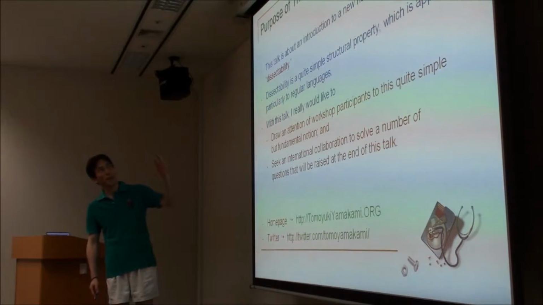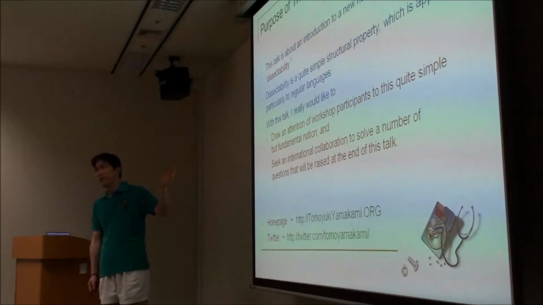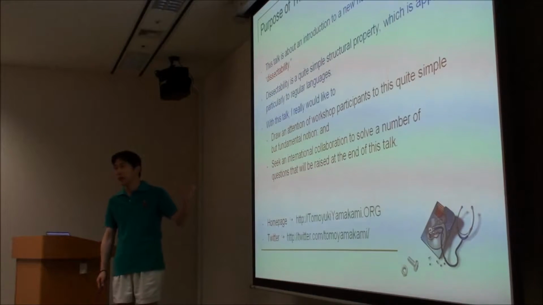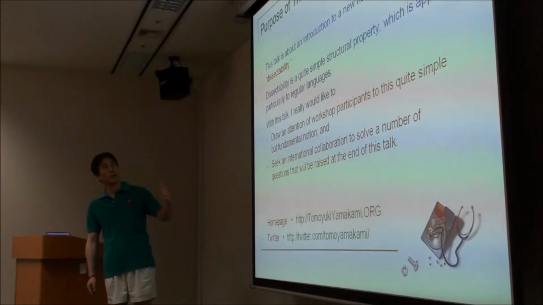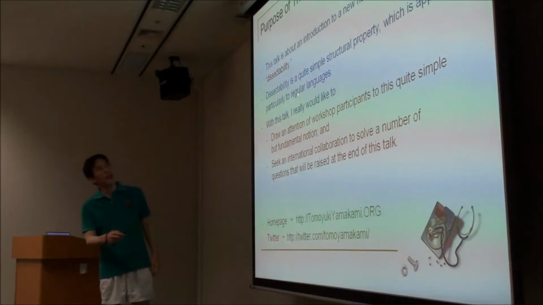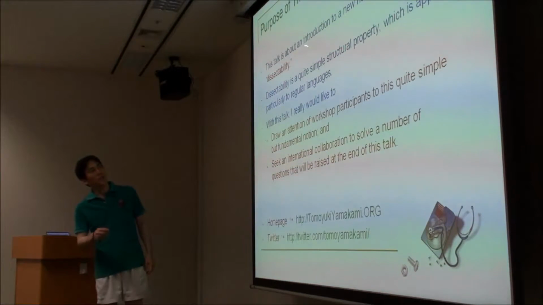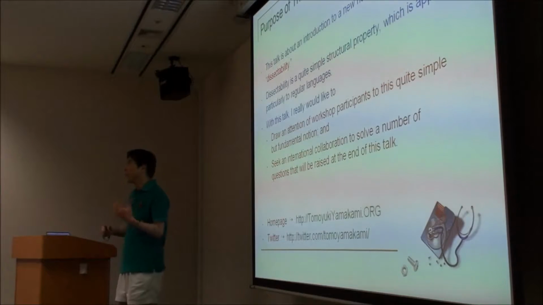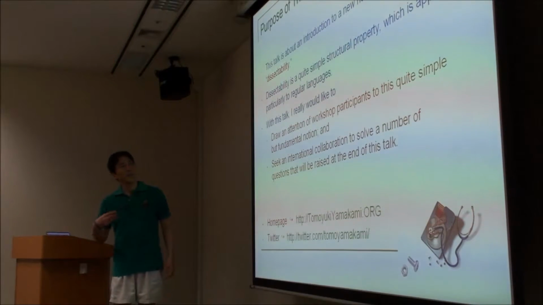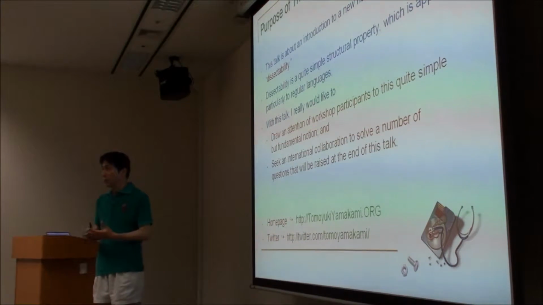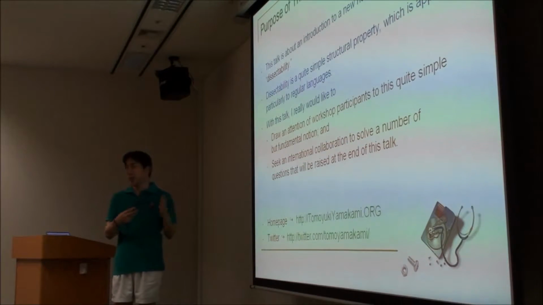This is actually a very simple structural property for languages. Particularly, I'm going to apply this notion to regular languages here. And throughout this talk, I'm going to draw attention of all of you to this particular notion.